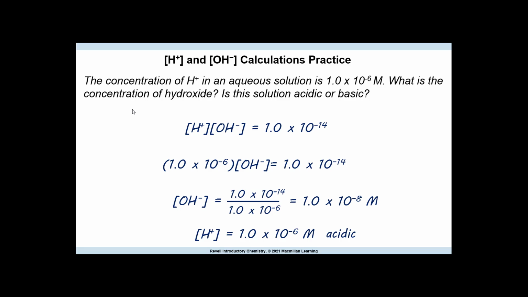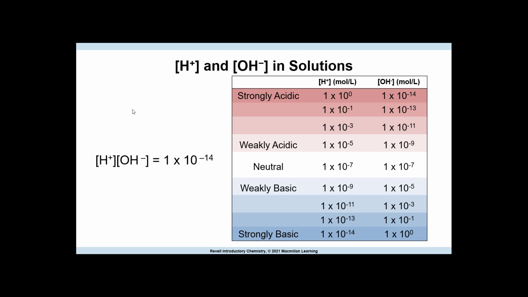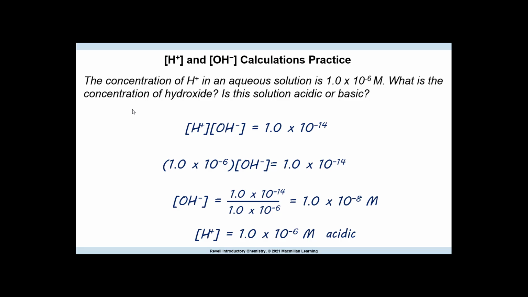Okay, let's look at an example. The concentration of protons in an aqueous solution is 1.0 times 10 to the negative 6. What is the concentration of hydroxide ions? Is the solution acidic or basic? So this is something to refer to, but let's take a look.